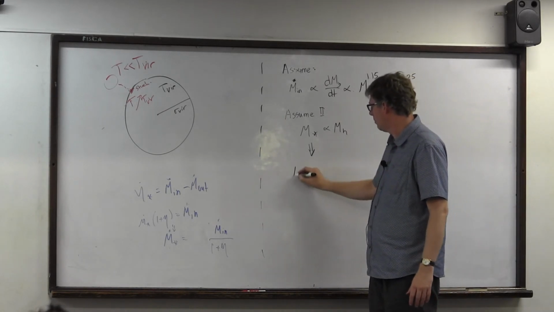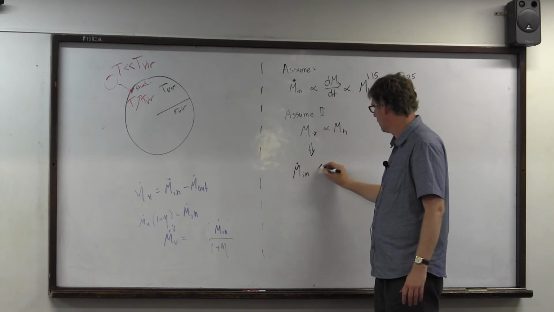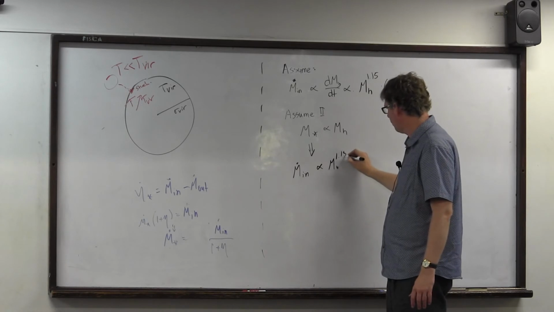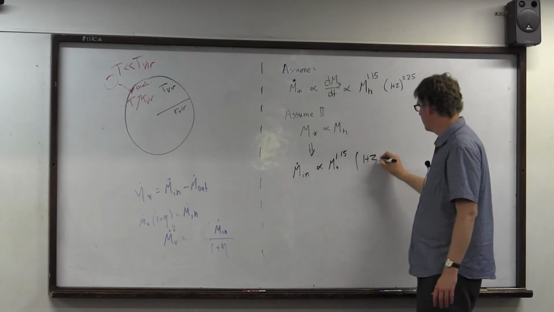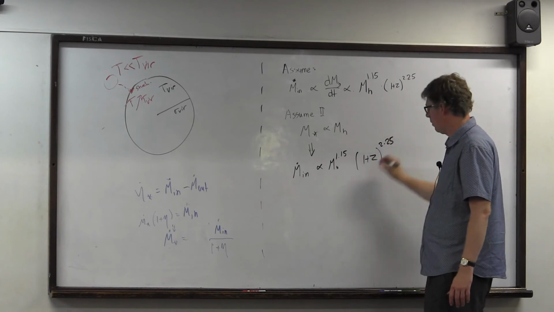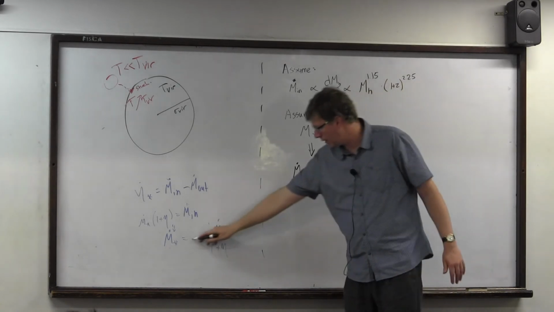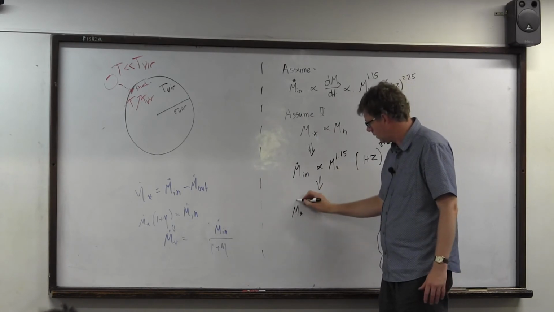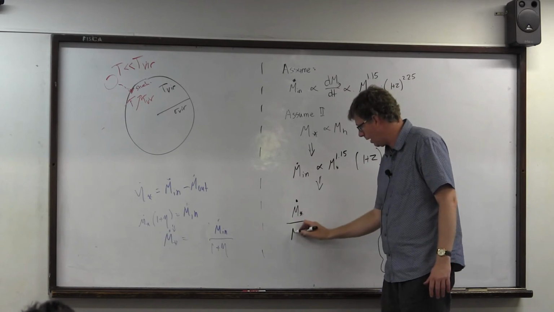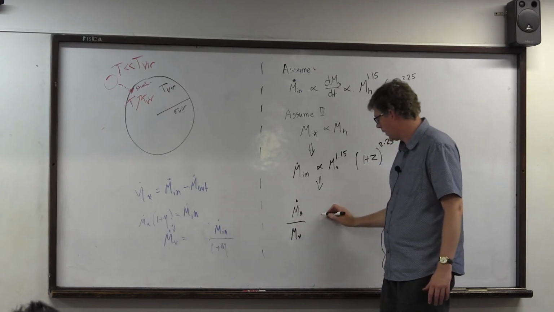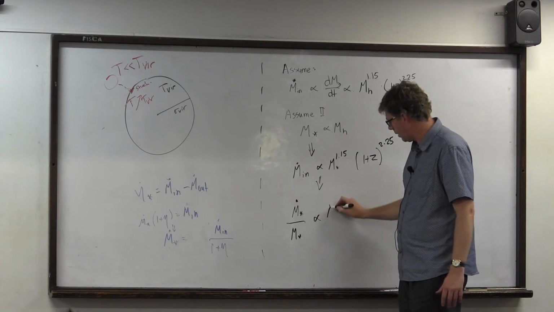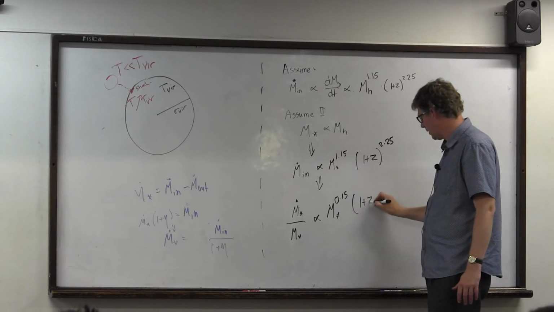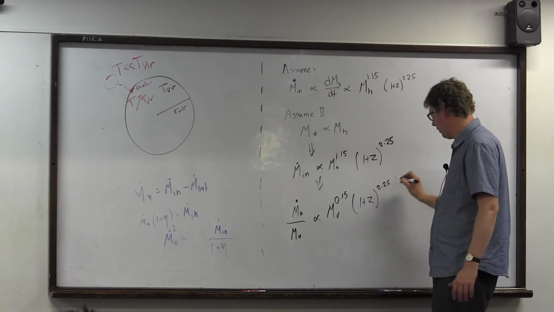Then my infall rate is proportional to the stellar mass to 1.15 and 1 plus z to 2.25, which then in this case means that the star formation rate over M star is proportional to M star to 0.15 times 1 plus z to 2.25.